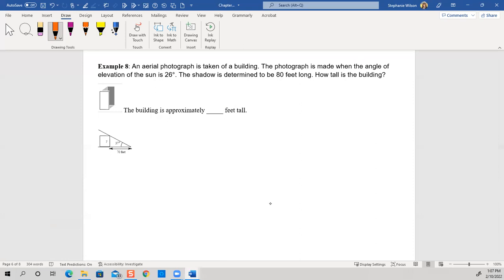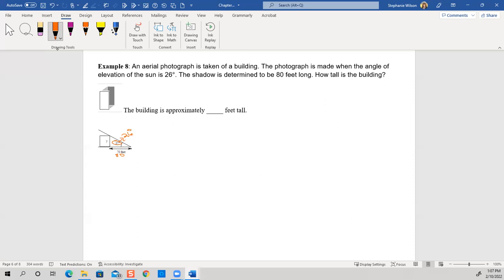I just pulled a picture. I have to learn how to draw straight lines, and that's something I'm going to work on. So this would be 26 degrees here, and this one would be the 80 feet. Now we are looking for the approximate height of the building in feet, and we're looking for Y.